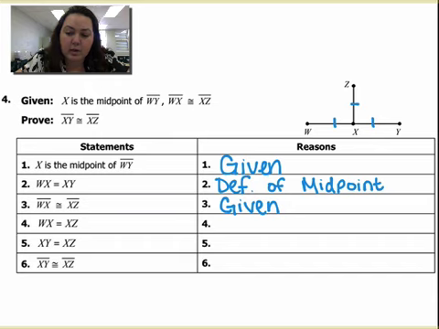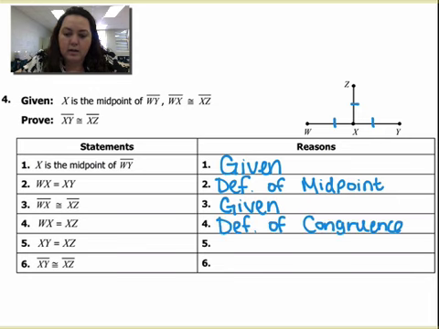I put 1 tick mark on it because it's the same size as the other 2 pieces that have 1 tick mark. And I knew that because it was given. Now I can write it without the line segment bar over it, and instead of congruent, I can write equals. Okay, that's what the definition of congruence means, that line segment XY is congruent to line segment XZ is the same as saying the size of XY is equal to the size of XZ.